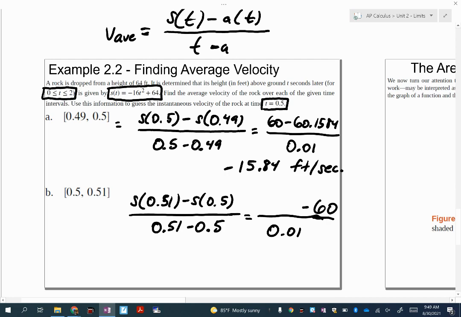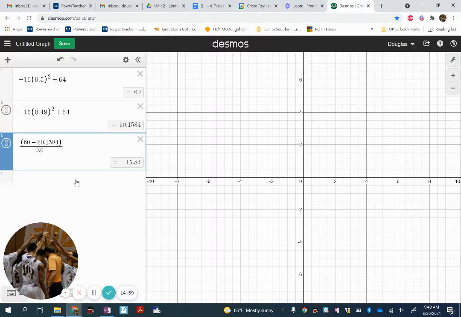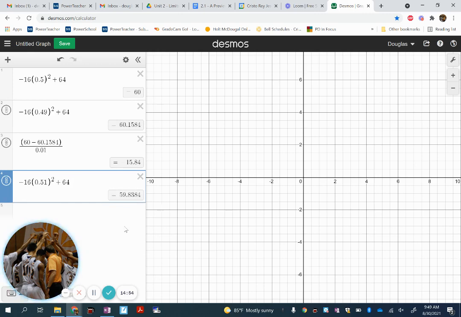So the question is, what happens when you plug in 0.51? Plugging in 0.51, and I know I'm showing this over again, but when you're doing this with your Chromebook, if you want to just plug into one of the first ones that's already there, it's a little easier. 59.8384.